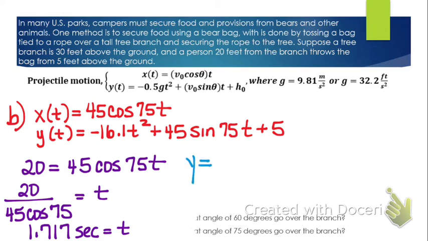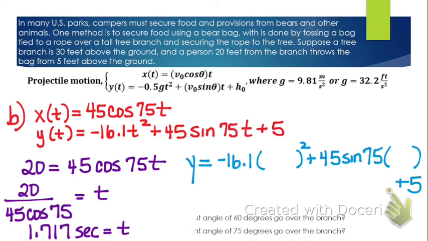So I'm going to take that 1.717, and when you type that in, straight across, negative 16.1 times your t squared plus 45 sine 75 t plus 5. What did you get for your vertical height?